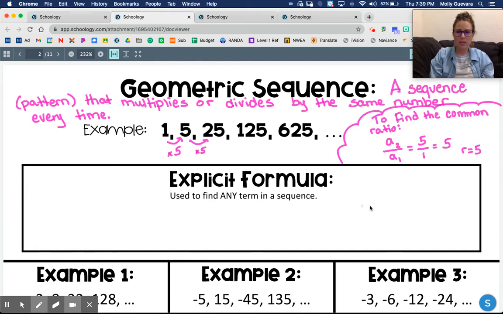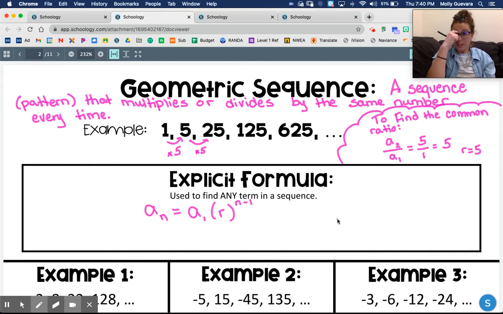Here it only tells us the explicit formula. We will also look at the recursive formula, but it's exactly the same thing, so no stress there. My explicit formula is the same idea: a sub n, my output, is equal to a sub 1 times r to the n minus 1.